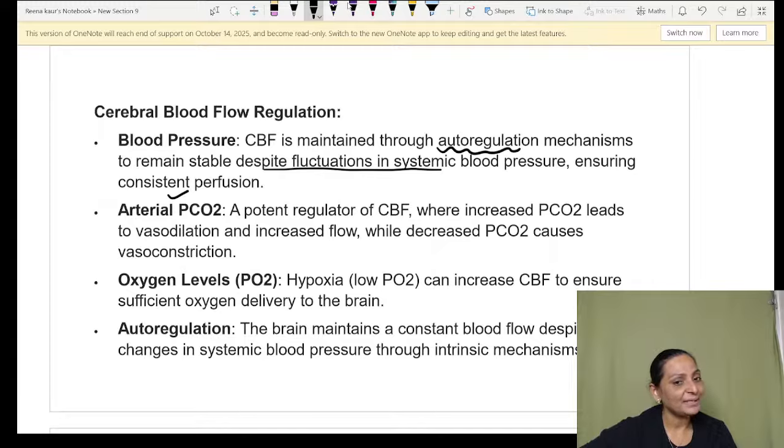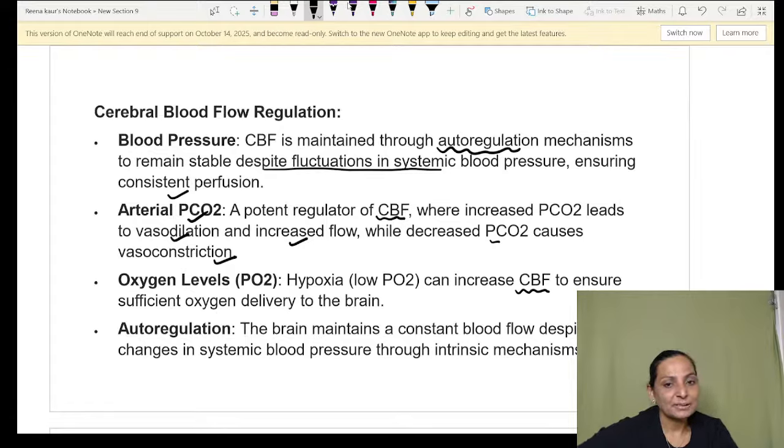One of the very, very potent regulators of the cerebral blood flow is carbon dioxide. An increase in carbon dioxide, for example with increased metabolism, results in vasodilatation and an increase in the blood flow, and a decrease causes vasoconstriction. Hypoxia again causes an increase in the cerebral blood flow.